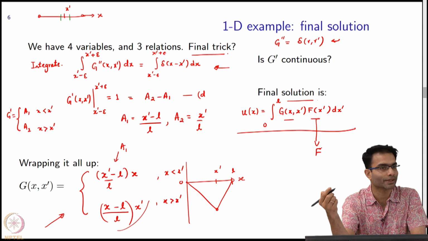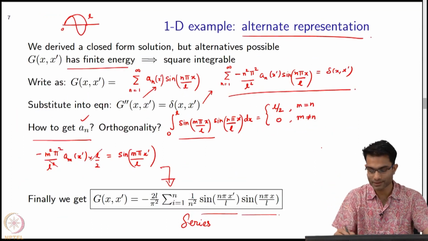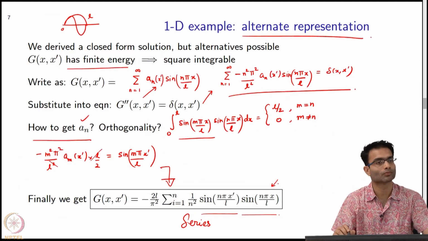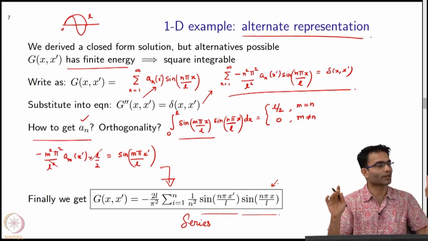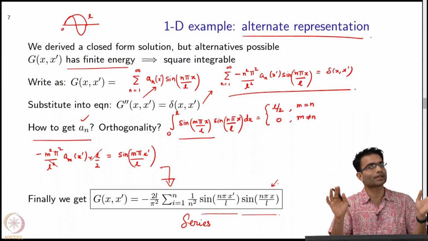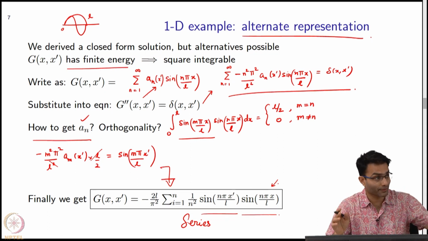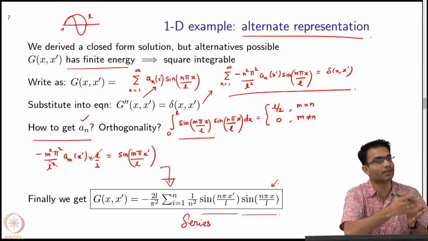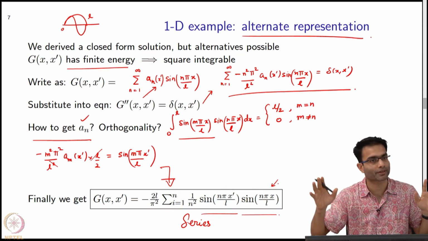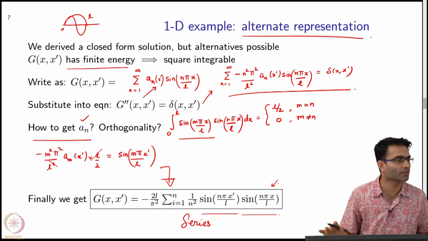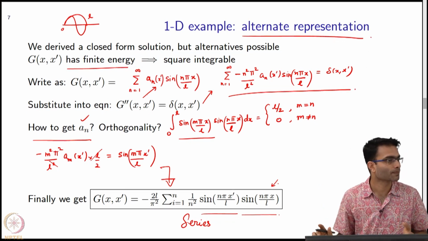I can use orthogonality and this integration will be simpler. All the terms will drop out, I will be left with one term, it will be an exact calculation. On the other hand, if I use the previous form, then I have to do the integration of x multiplied by sin x and do all that integration. Both will give me the same answer because it is the same function.